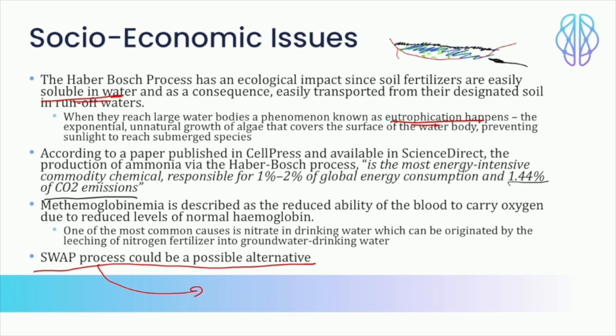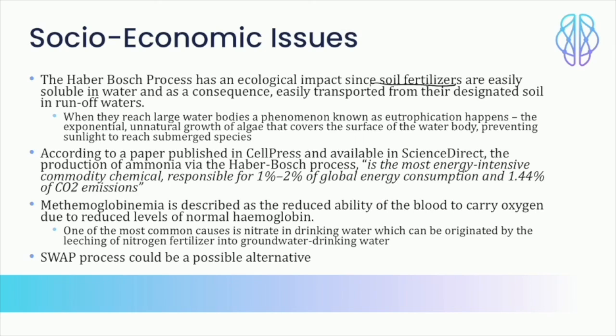You don't really need to memorize these statistics, just know that it has these two detrimental effects. So it uses a significant quantity, 1 to 2% of the global energy consumption just from one process. That is incredibly significant. And it also produces a significant amount of the CO2 emissions in the world, right?